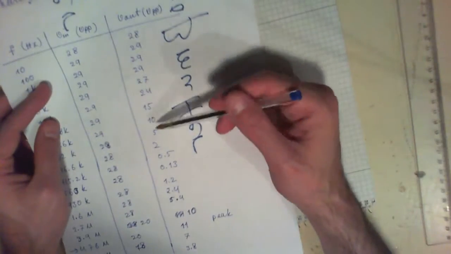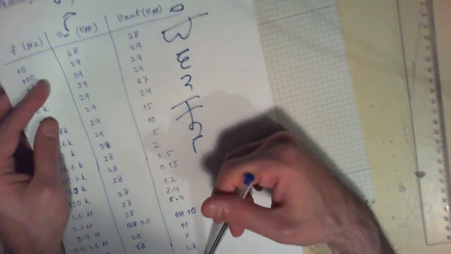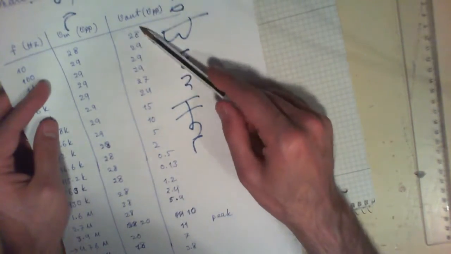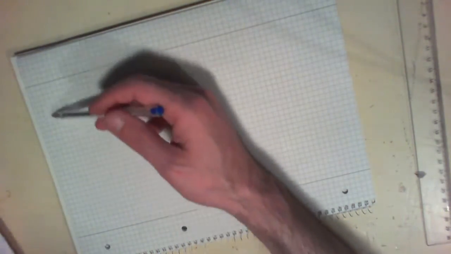I don't really know if these fit over here. My output voltage goes from 0.5 all the way to 28 volts. 28 divided by 2 is 14, and I think the output voltage is going to fit vertically here.